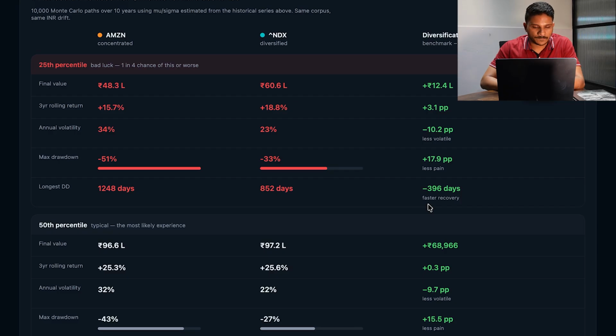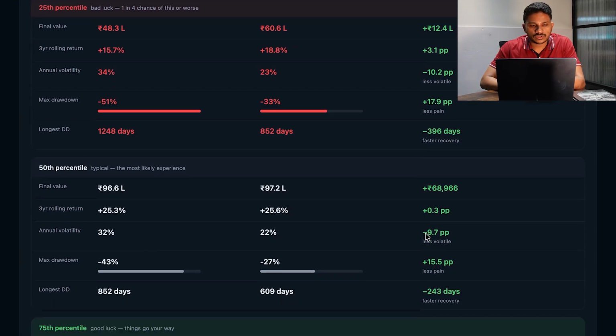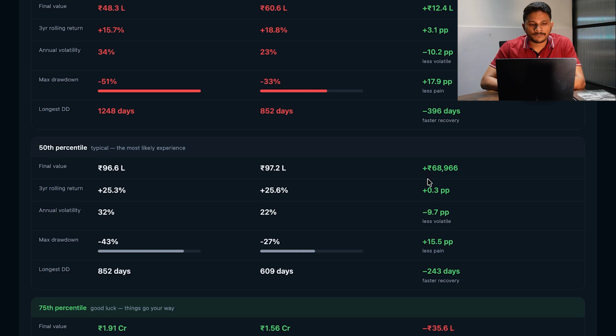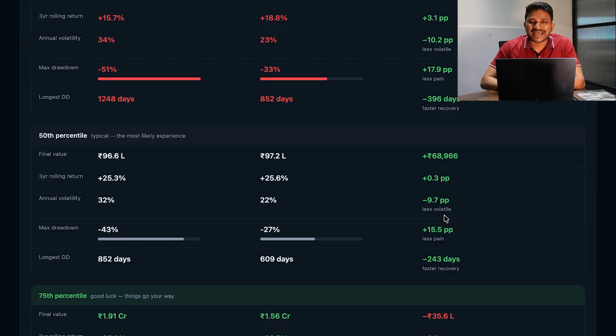a stock like Amazon. And if you look at the most likely scenario, the median case scenario, you still see that the final value is almost similar. The rolling returns are also very close, but even with annual volatility, max drawdown and longest drawdown, you see that NASDAQ 100 is doing pretty well, right?